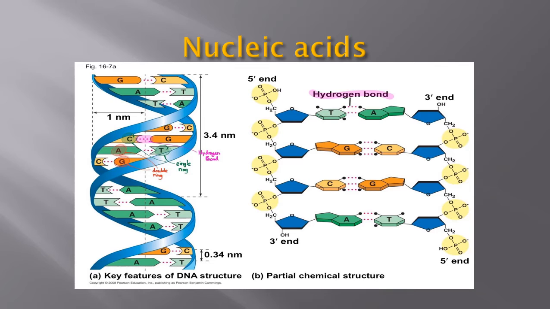So the distance is maintained, and you always find the purine pairing with the pyrimidine and vice versa. So we'll go more into the detail of this DNA molecule.